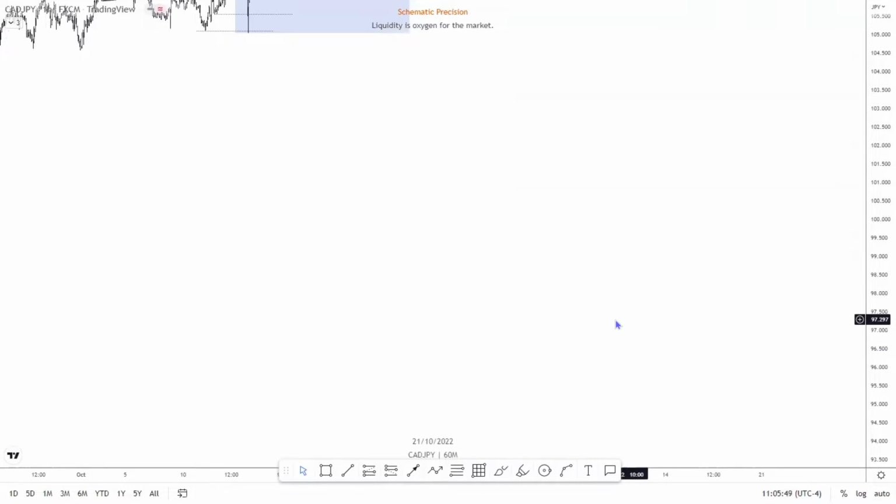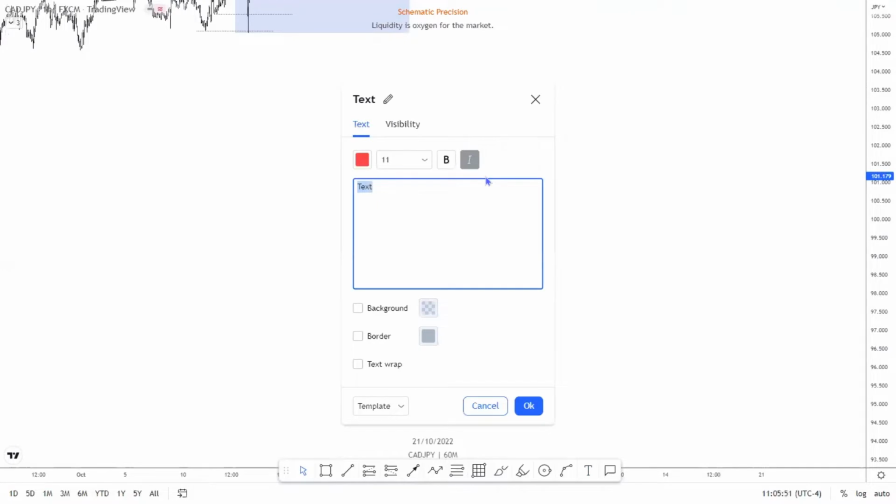So what you need to see is higher time frame structure, lower time frame order flow. Then what?